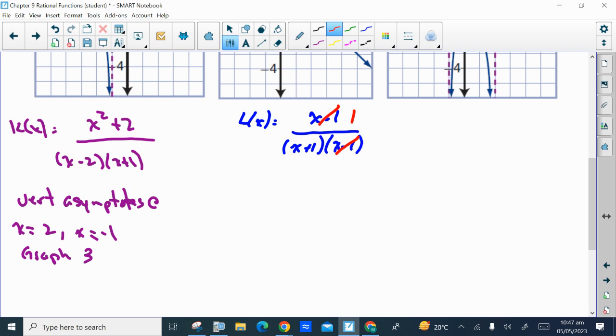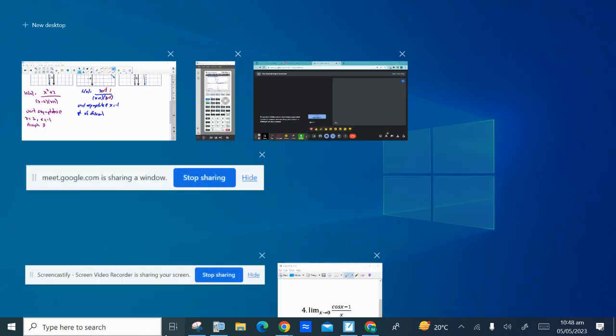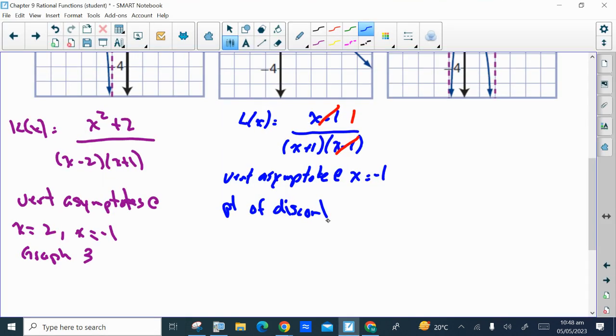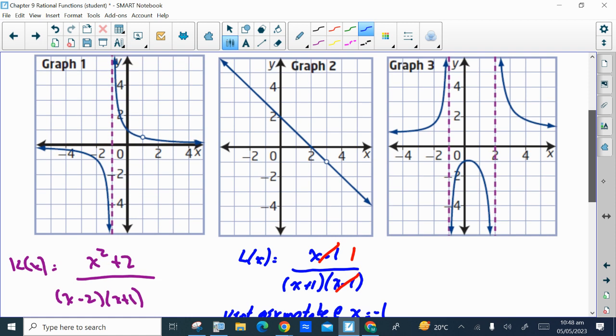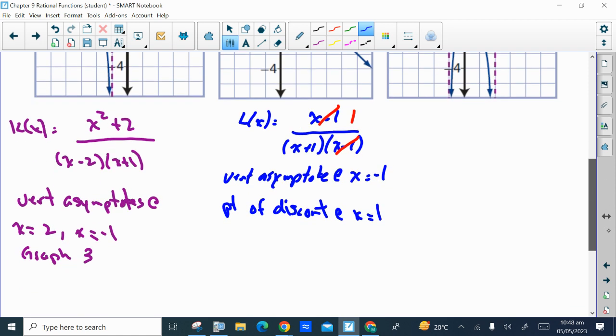But you still have a factor of x plus 1 on the bottom, which means we'll have a vertical asymptote at x equals -1, and we'll have a point of discontinuity at x equals +1, which is graph number 1. Vertical asymptote at -1, point of discontinuity at +1.